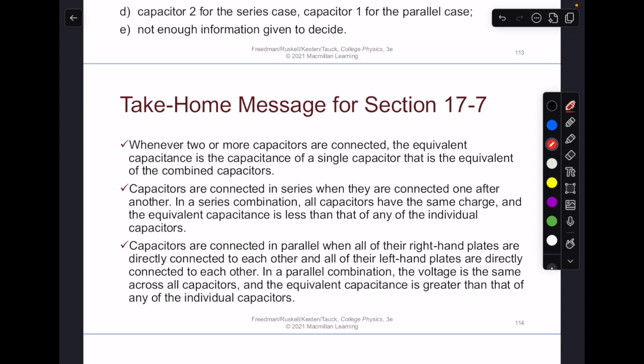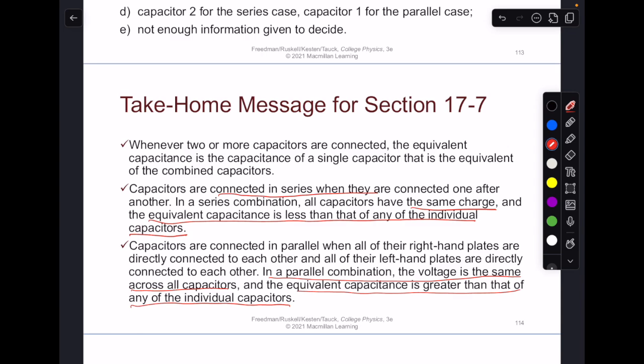If we have capacitors connected in series, all the capacitors have the same charge, and the equivalent capacitance is less than any of the individual ones in that series arrangement. When capacitors are connected in parallel, all of the capacitors have the same voltage, and as a result, the equivalent capacitance is greater than any of the individual capacitors.